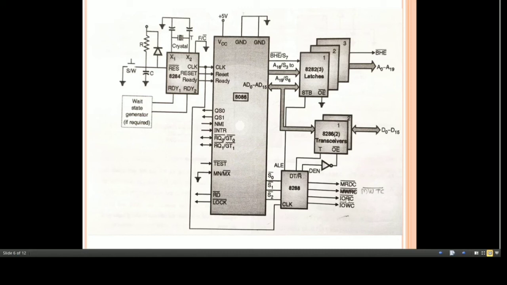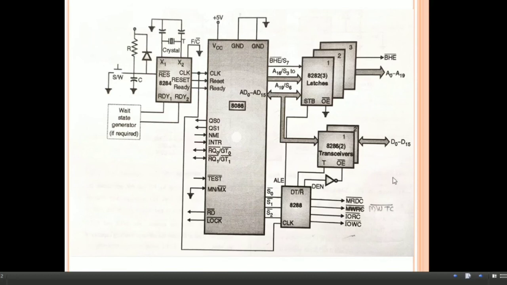Here these signals IORC bar and IOWC bar are used, and along with this the more signals are AIOWC bar, which is nothing but the advanced input output write command, and AMWTC bar, which is advanced memory write command signals, are also generated. So here along with this 8288, the transceivers and latches are also used.